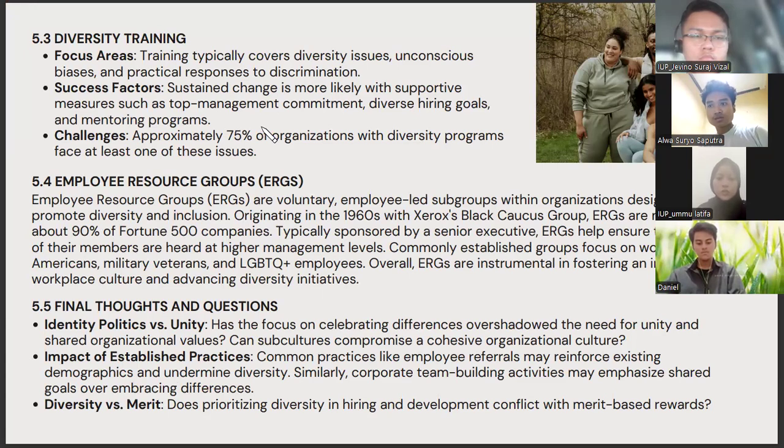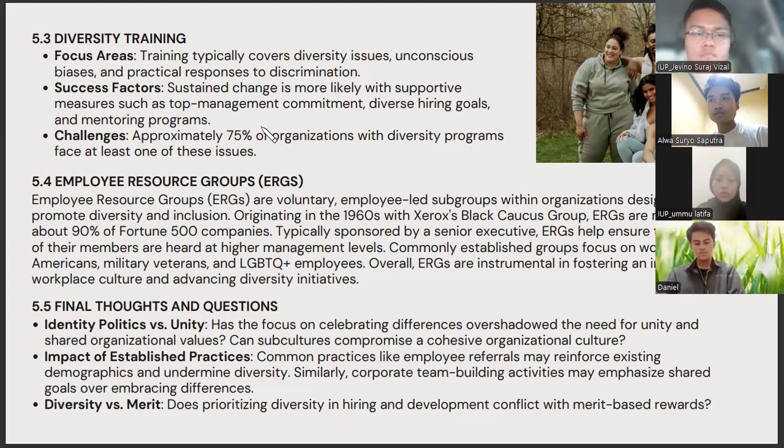And point two, success factor. Research indicates that diversity training positively affects knowledge and attitudes, but often sees behavioral reversion over time. Sustained change is more likely with supportive measures such as top management commitment, diversity hiring goals, and mentoring programs.